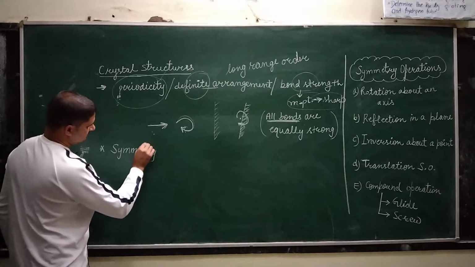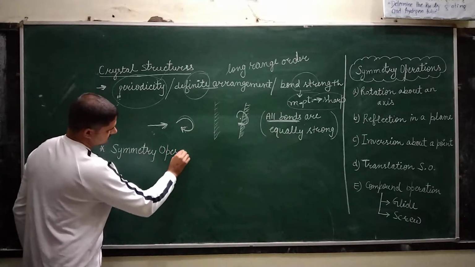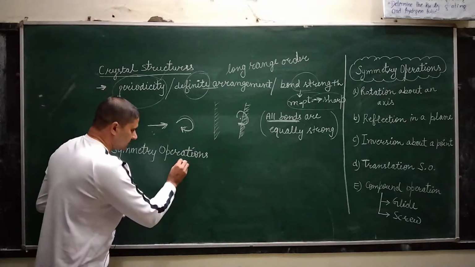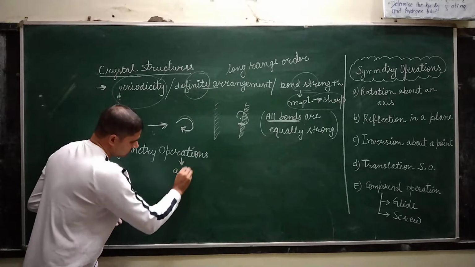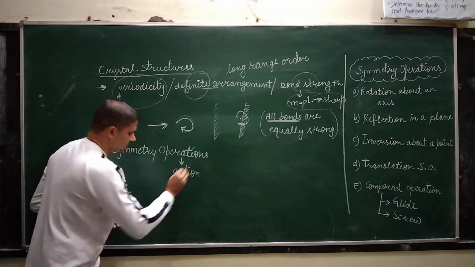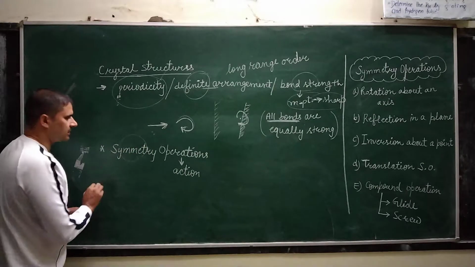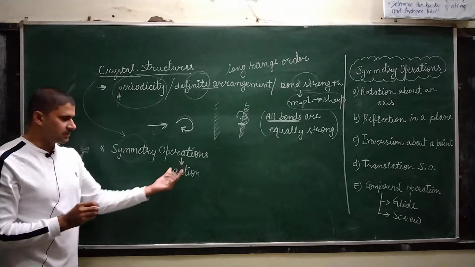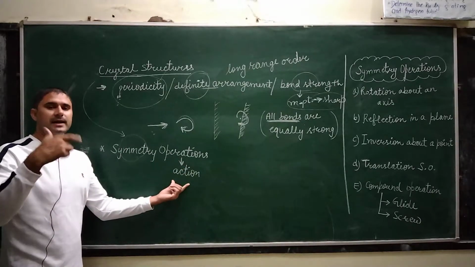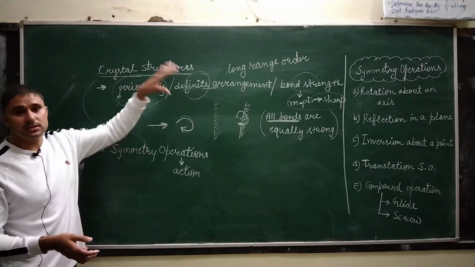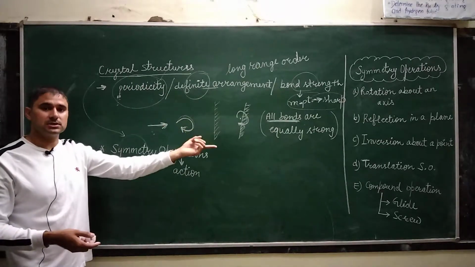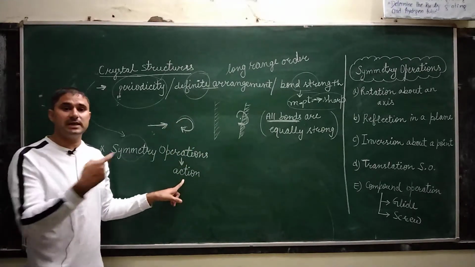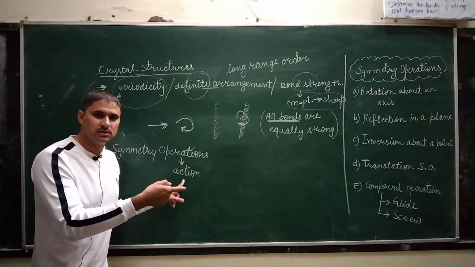Operation is a kind of action, which is applied on symmetry, and symmetry is in the case of a crystal. Class, a symmetry operation is an action which is applied on the crystal structure, which leaves the crystal structure itself unchanged, invariant.